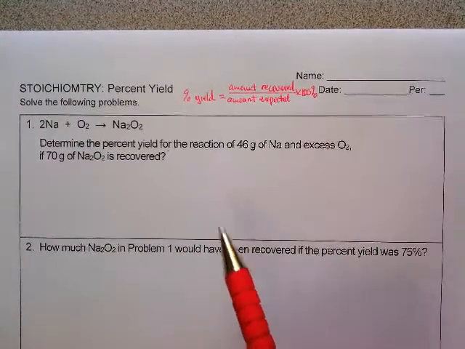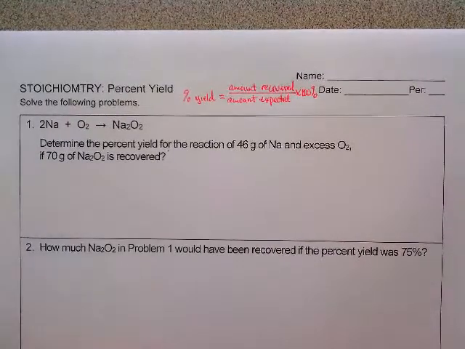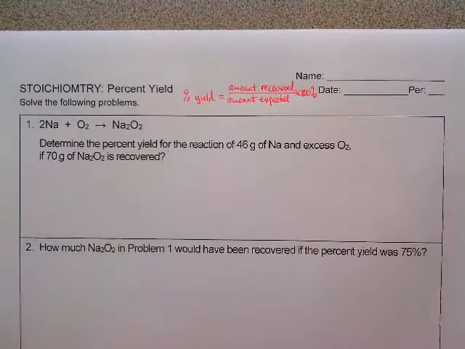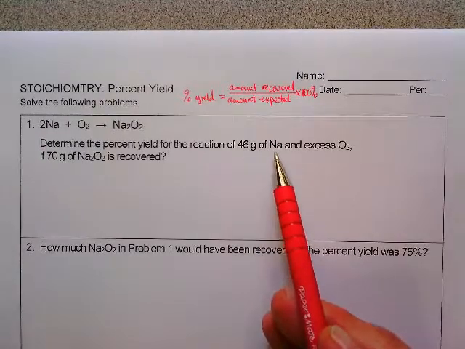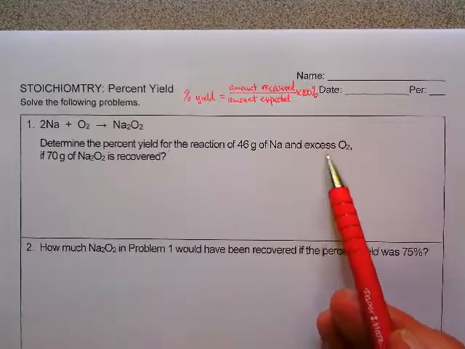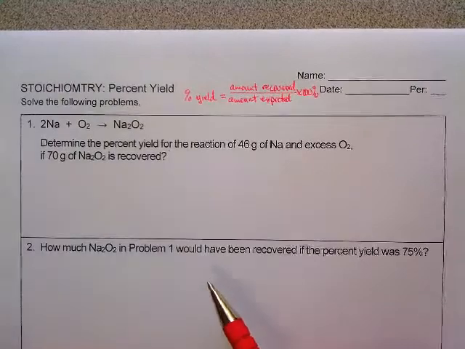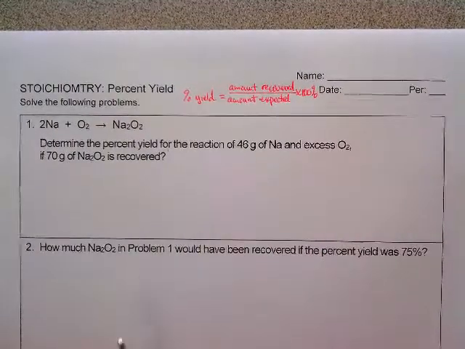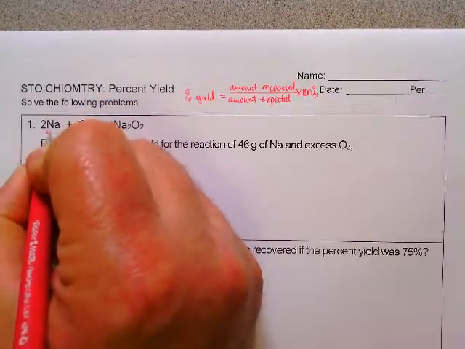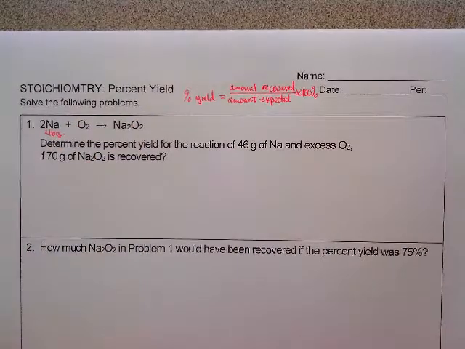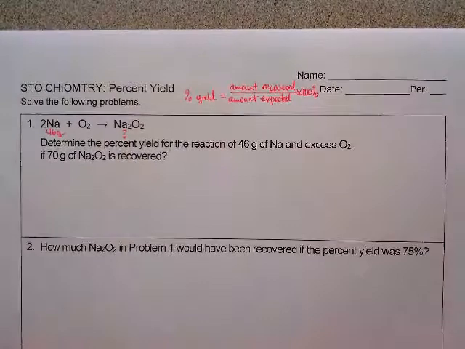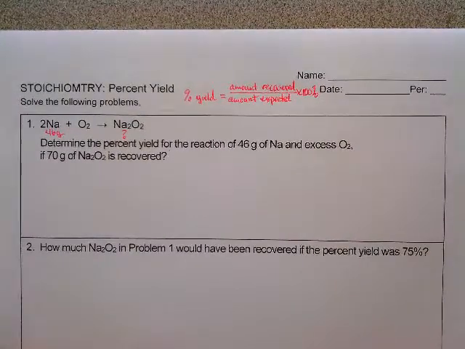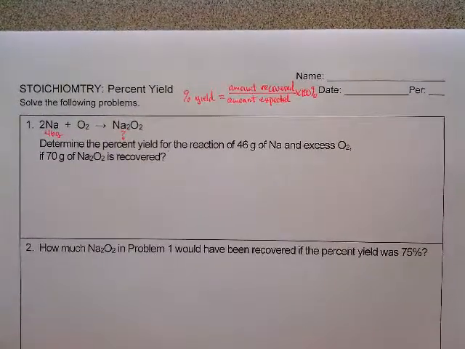Now, in this particular case, we don't have to worry about limiting like we did in the last set of notes, because all I've got is 46 grams of sodium and I have all the oxygen I want, so I'm only going to be using the 46 grams. So let's go ahead and label this 46 grams there, and that's what I want to find out. How much Na2O2 am I going to produce?